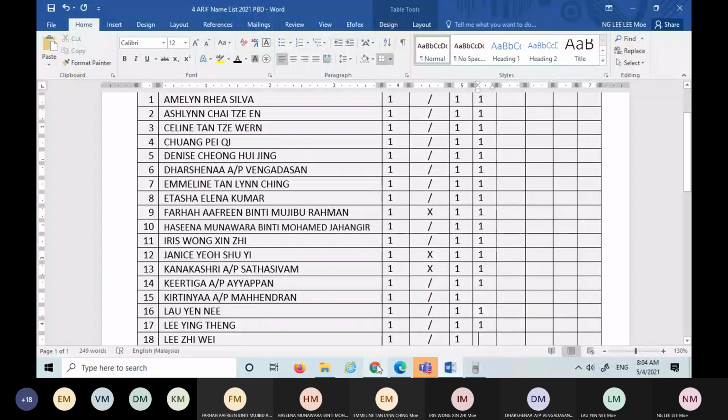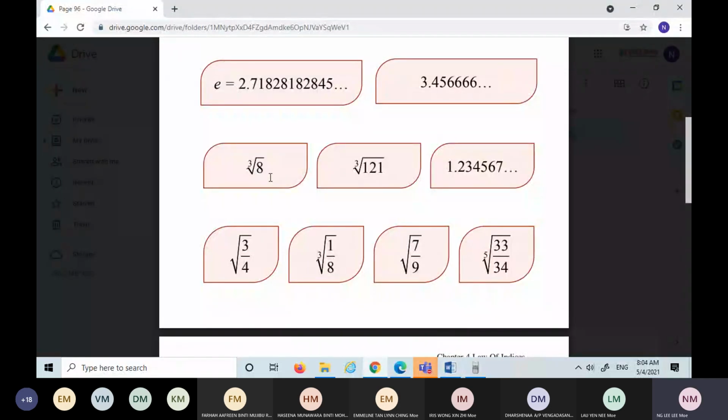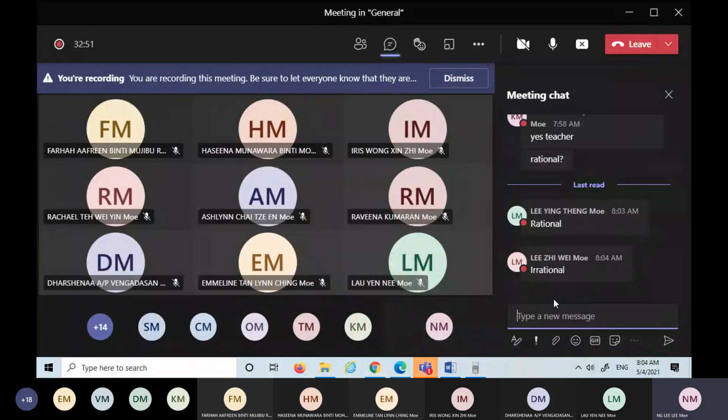Ziwei, do this. Okay, cube root of 8. Try to use a calculator. Cube root of 8, whether it gives you an integer. Ziwei, you say irrational number. Okay, come on, try. Use a calculator. Cube root of 8. Don't be so fast to see the square root, cube root, and then tell me it is under surd and then irrational number.